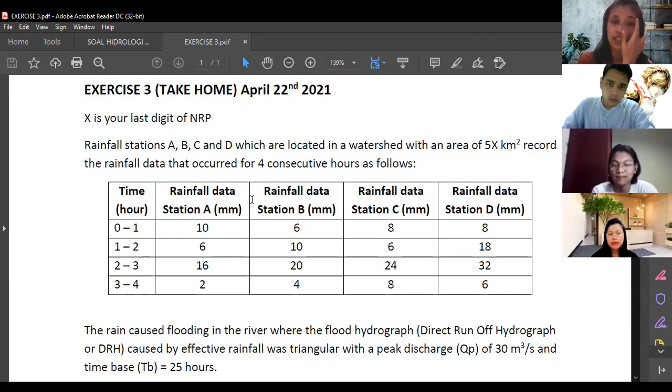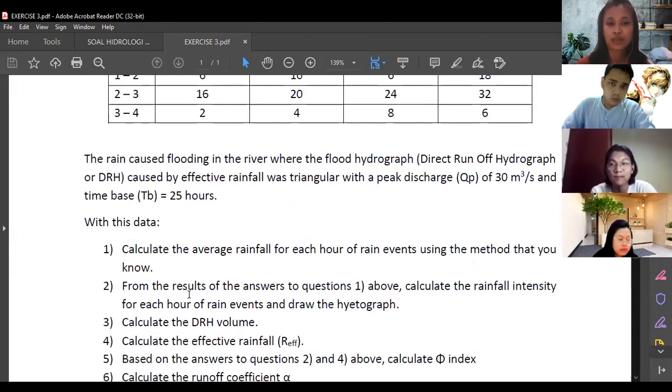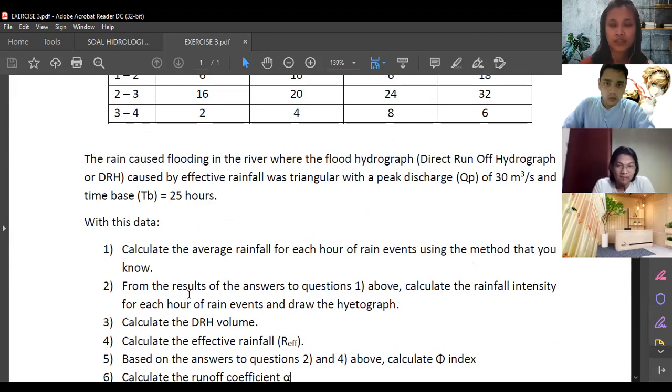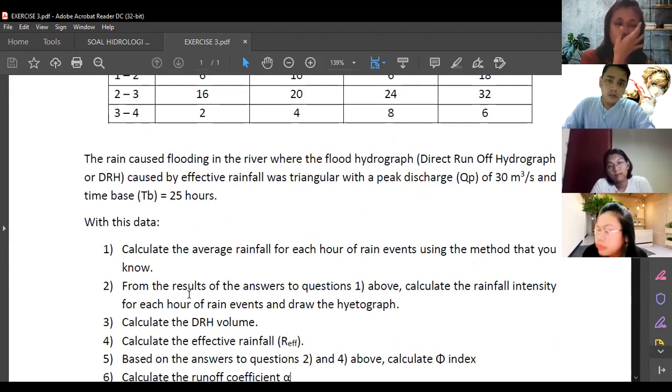So I hope you understand clearly how to calculate the volume of the direct runoff hydrograph, what the effective rainfall is, and how to calculate the V index. If it's only an example that I talk about in class, you will not do it by yourself.